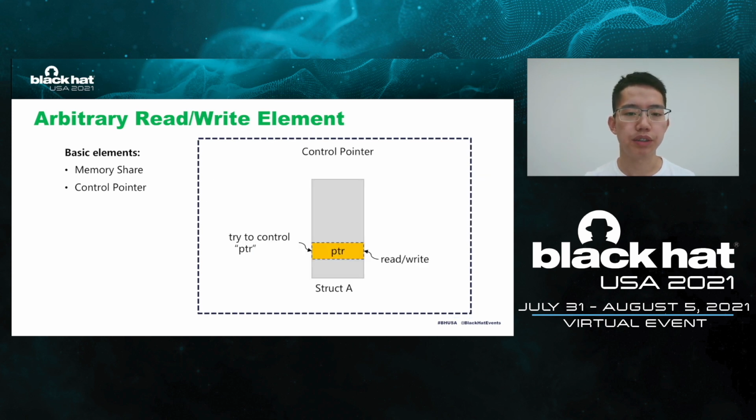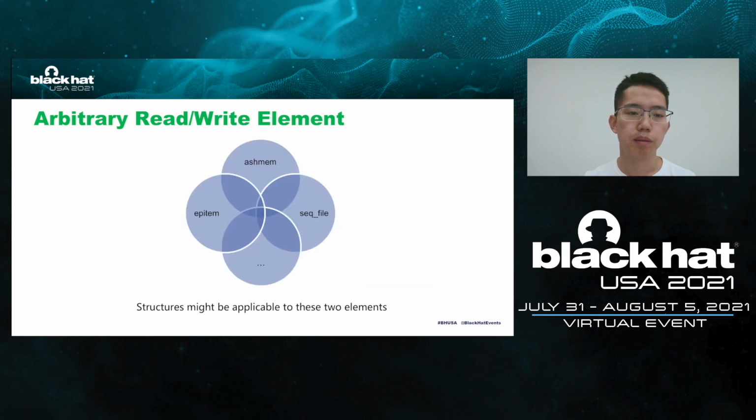Different from the first element, the second element does not focus on how to control the pointer, but on combining the code logic to achieve stable arbitrary read and write. Based on these two elements, we found several structures. After they cooperated with each other, it was like a fusion chemical reaction, bursting out huge power immediately.